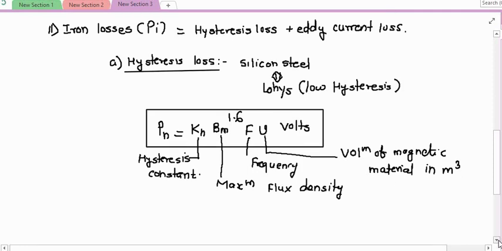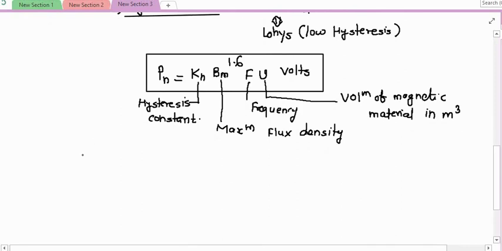Now, the second loss is the eddy current loss. If I make the iron core of solid material instead of a laminated structure, then what will happen? Area of cross section will increase. If the area of cross section increases, the resistance or opposition offered to the flow of eddy currents will be reduced, so eddy current loss will be more. Due to time varying flux, some EMF is induced in the transformer core also.